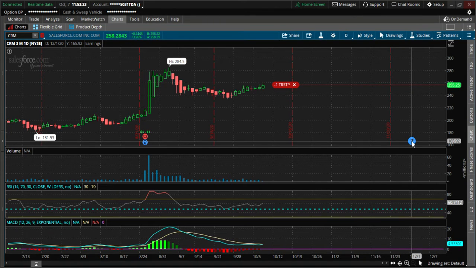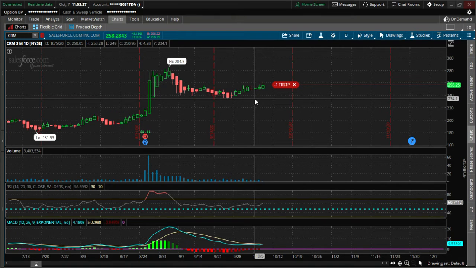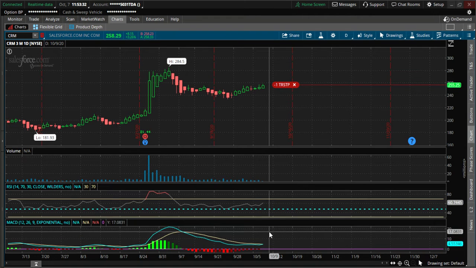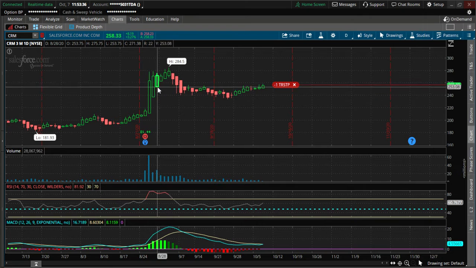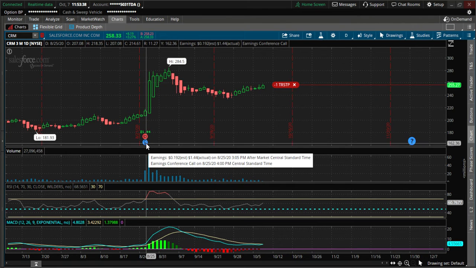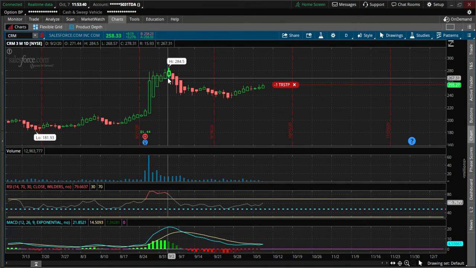Oh, wow, we have them in December, my bad. But if it decides to take off, it could make a big move. I know that is right after earnings, but it could potentially make a big move.